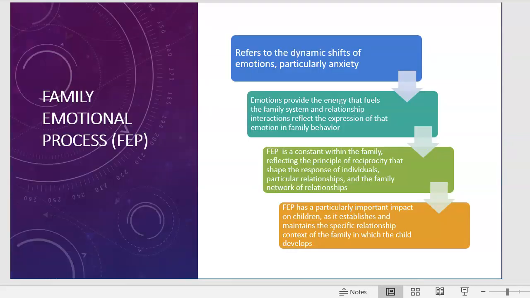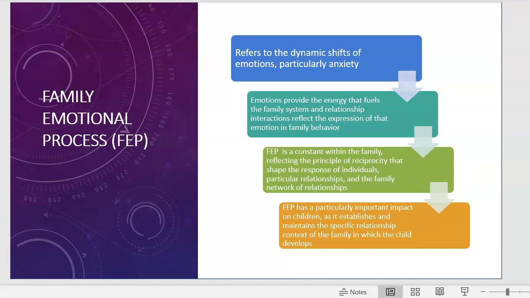So the family emotional process, or the FEP, refers to the dynamic shift of emotions within the family system, and particularly anxiety. So we've already talked about anxiety and what that means in terms of psychodynamic and intrapsychic experiences of discomfort.